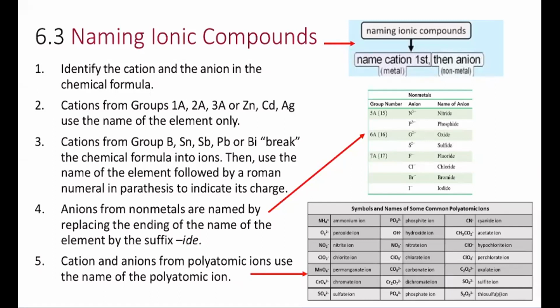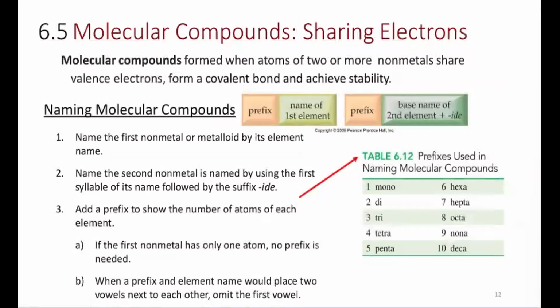Excellent. So let's now move on to understand how to name molecular compounds. Because I want you guys to understand that when it comes to naming molecular compounds, given a chemical formula, you will find a name.